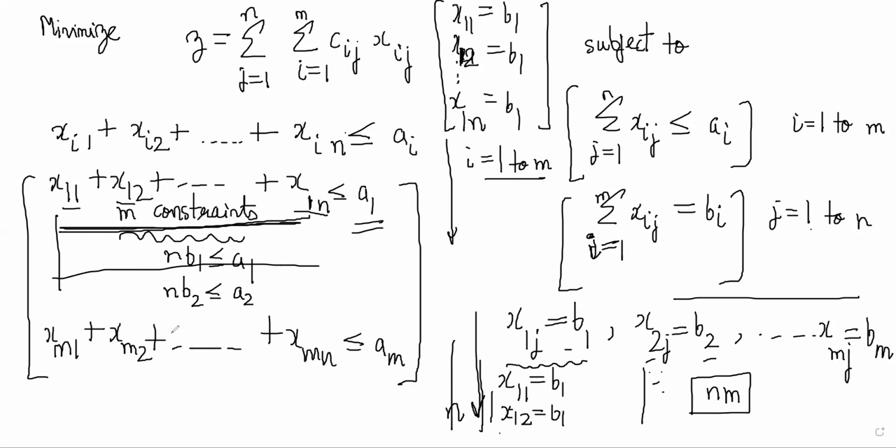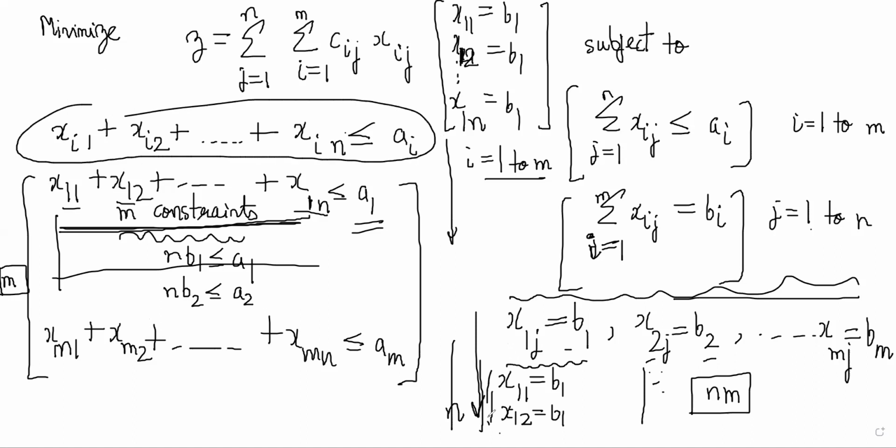So you totally get m constraints only. It looks like many, but actually you can combine. All of these rows are actually these vertical columns. You can combine them and write one equation, and there are m rows. So total m constraints.